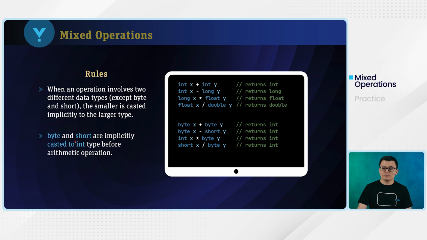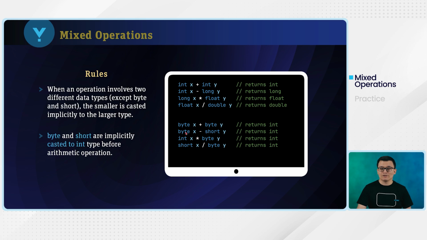And as for byte and short, they are implicitly casted to int before the arithmetic operation. For example, if you have byte variable plus byte variable, both of them will be implicitly casted to int, and therefore your return value will be int at the end.